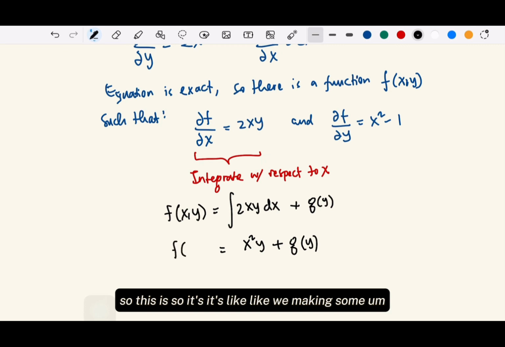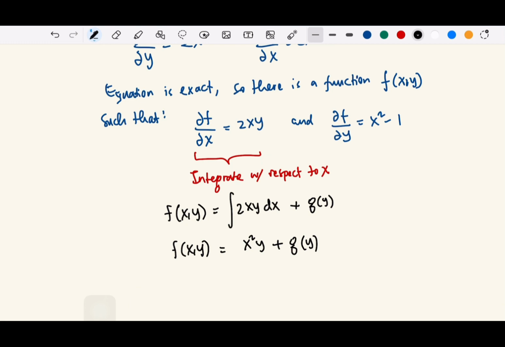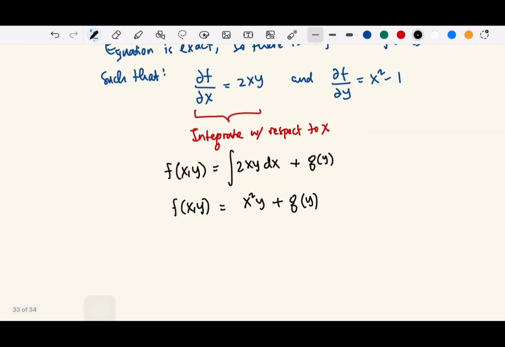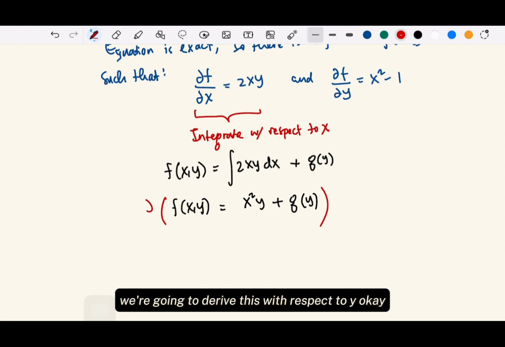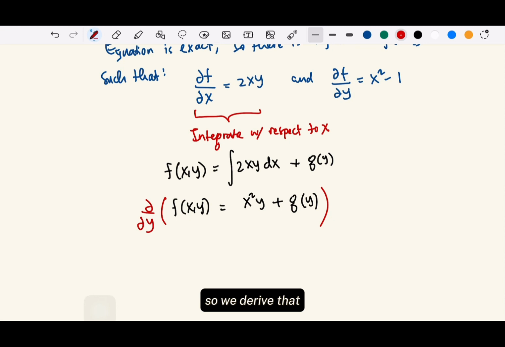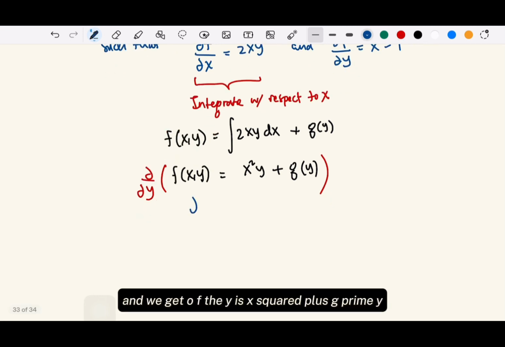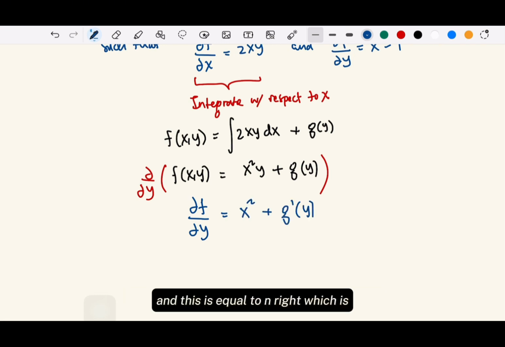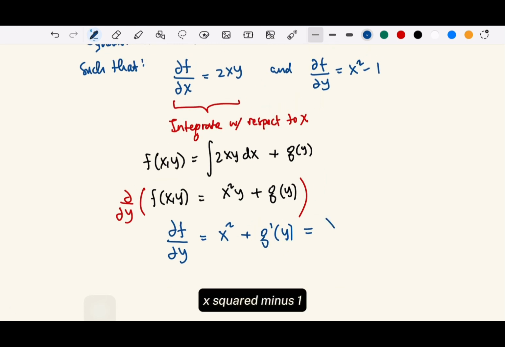So it's like we're making some trial. Okay, we have an offer for this function. And what do we do next with this function? We are going to derive this with respect to y. Okay, so we derive that, and we get that dou f dou y is x squared, plus g prime y, and this is equal to n, right, which is x squared minus 1.